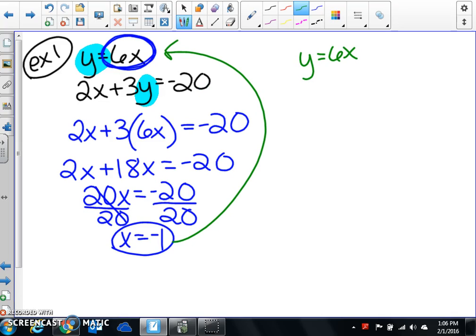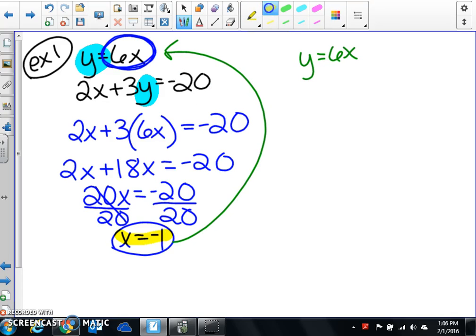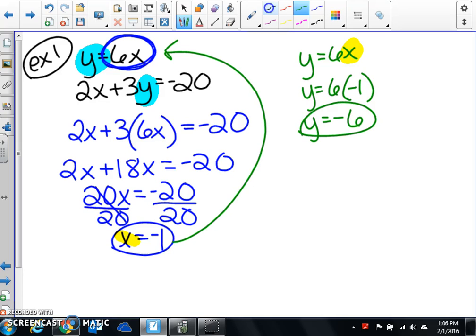If I know x equals negative 1, now I can plug in x equals negative 1 for this x. So y equals 6 times negative 1, which is negative 6. So now my solution is that ordered pair. So I have to put it together, and the solution is negative 1, negative 6.